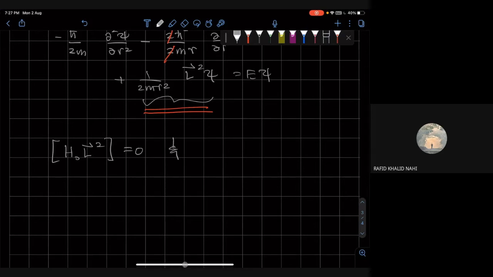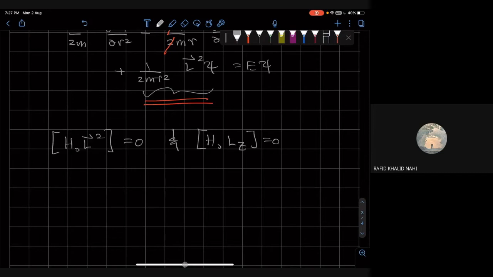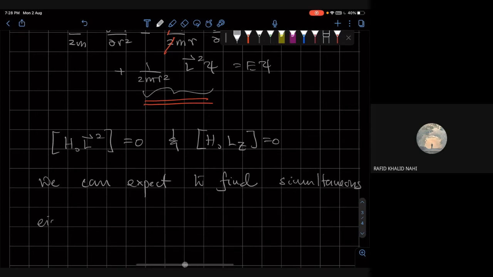And because H commutes with the Z component of the orbital angular momentum, we can expect to find a simultaneous eigenbasis for H, L squared, and Lz. Okay, that means the energy eigenstates will also be eigenstates of L squared and Lz operator.